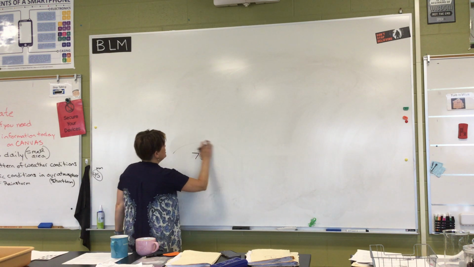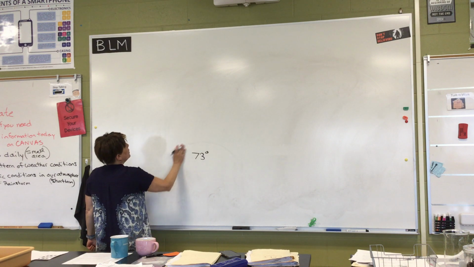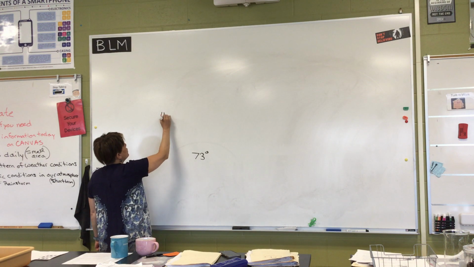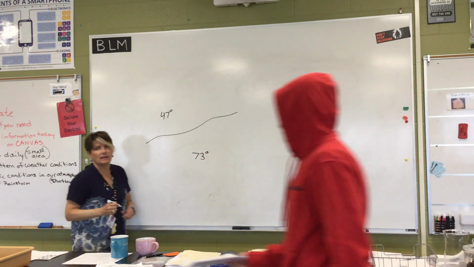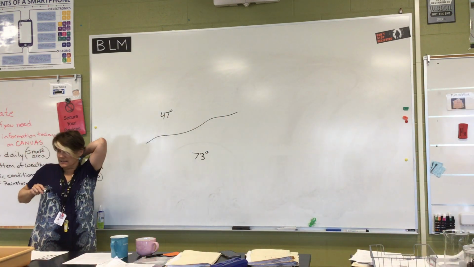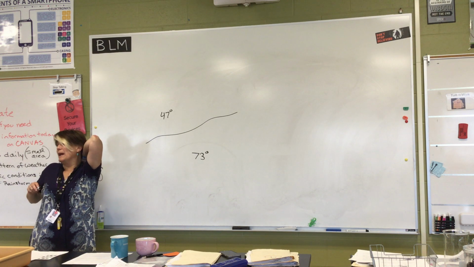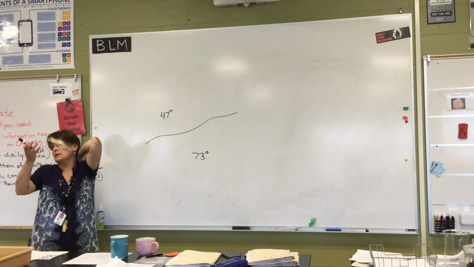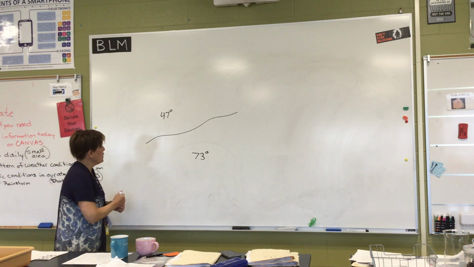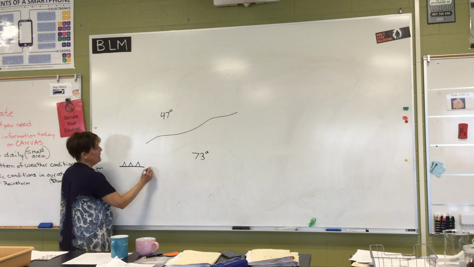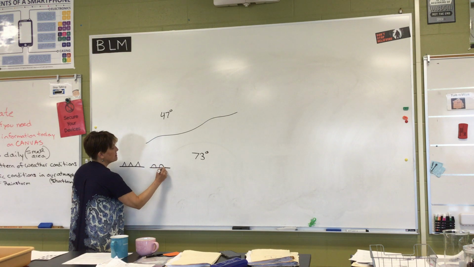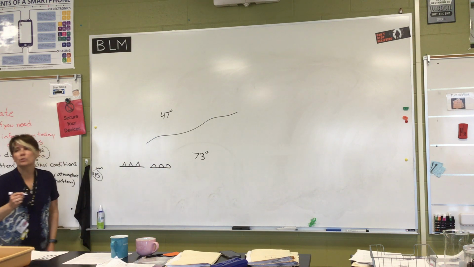And over here we've got something that's 47 degrees. And this is the area that separates them. If I say draw me a warm front, it is either going to be like this, or like this. Which one is the warm front and which one's the cold front?